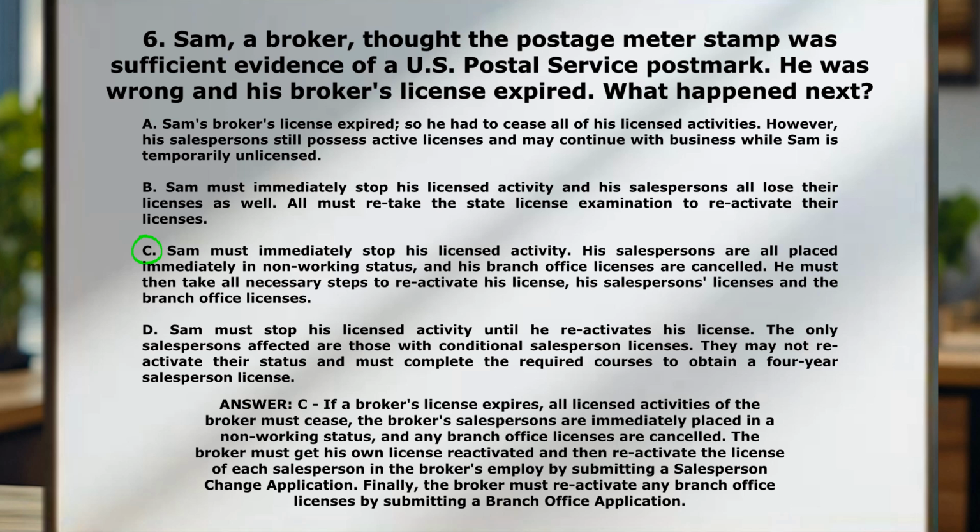So, in basic terms, any salesperson who has their license under Sam, the broker here, is in non-working status because Sam is not active. So Sam's got to get his broker's license active again. If he has any branch office locations, those are canceled. He's got to reactivate those, and then he's got to also reactivate all his salespersons' licenses. A lot to break down in that last question. Take a second, take some notes on it, and then when you're ready, move on to the next question.